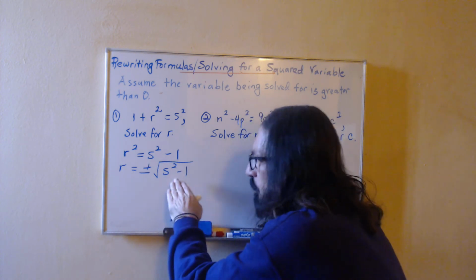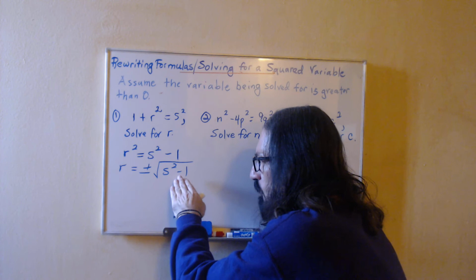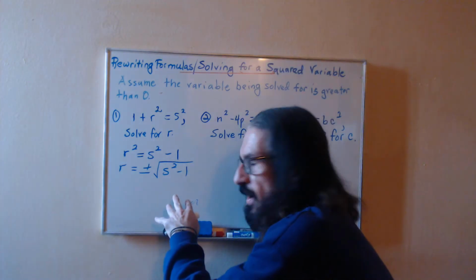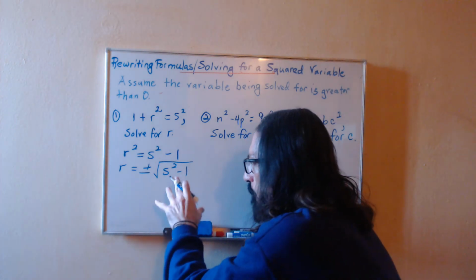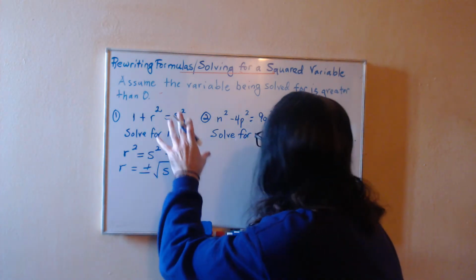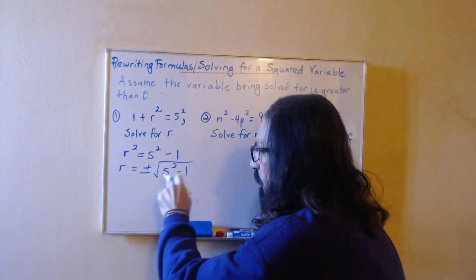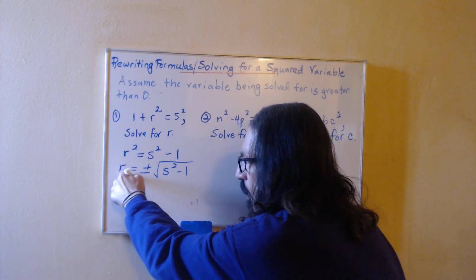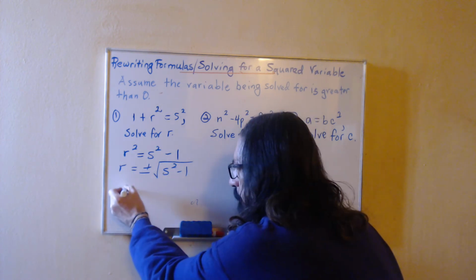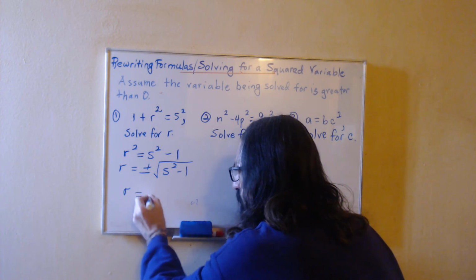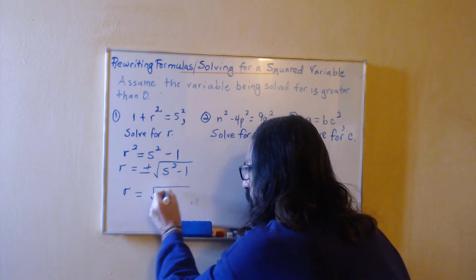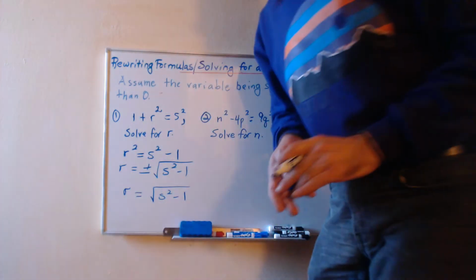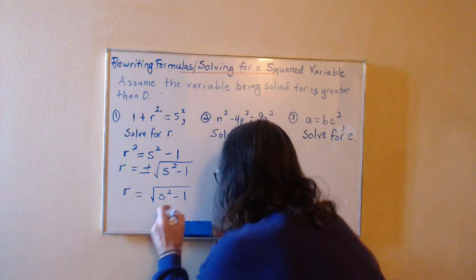We could worry a little bit about some values that would still make what's under the square root negative and not give us a real number, but assuming that what's plugged in for s or for r is positive, specifically for r, means we can drop out that plus minus part and just talk about the principal square root. Something to watch out for, you cannot simplify that any further.